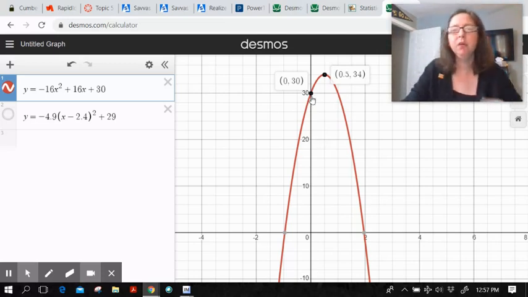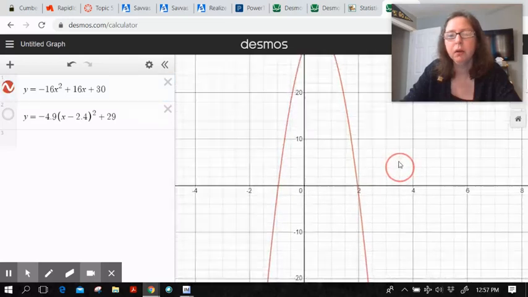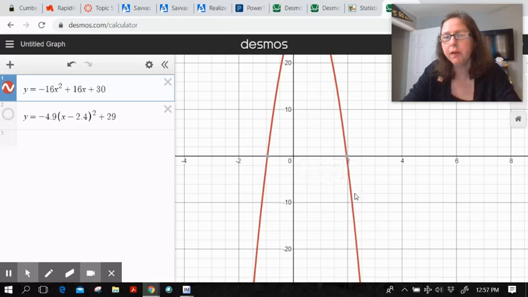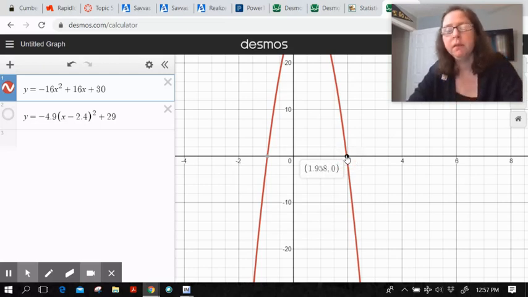Okay, so the diver is currently right here. He's going to jump up and then he's going to fall back down. So the point where he hits the water is at this x-axis. Once he hits the water, obviously you can see that the line continues down further. That's just him going under the water. So let's click here. This is my x-intercept.